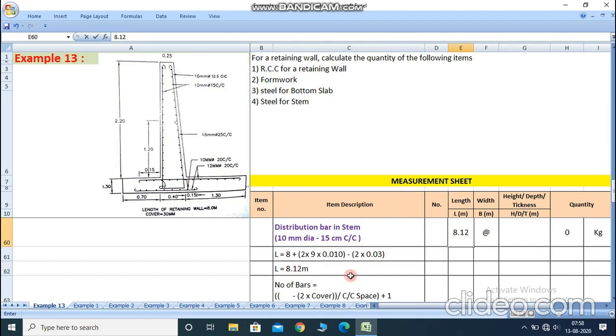Now we calculate the number of bars required.